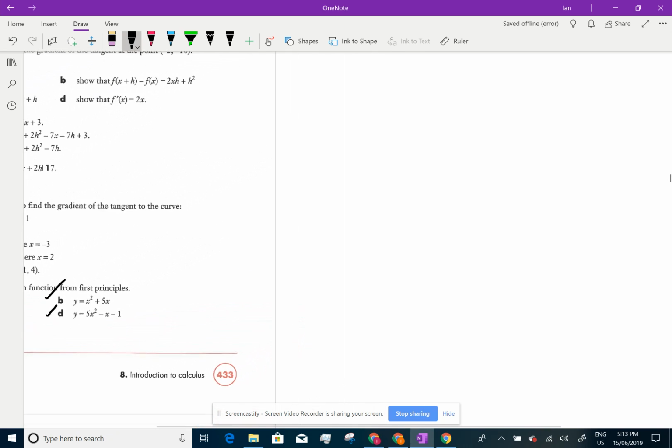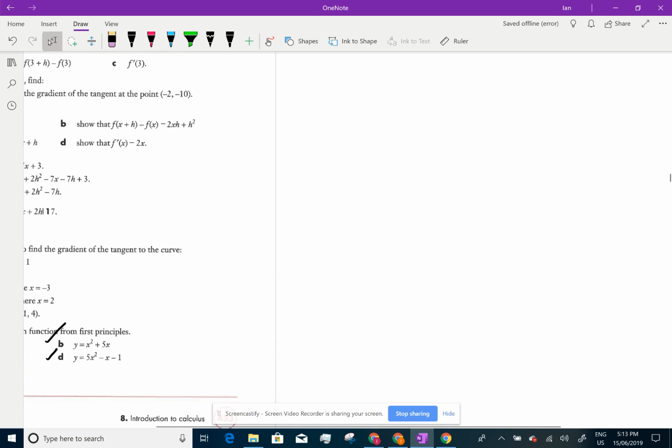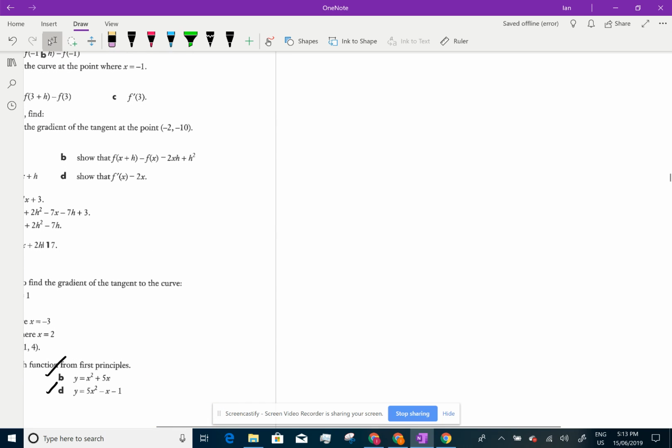So, here we go. Now, remember, the whole point of what we're trying to do here is we're trying to find the gradient of the tangent at any point. And differentiation from first principles uses this. We proved this earlier for any function.